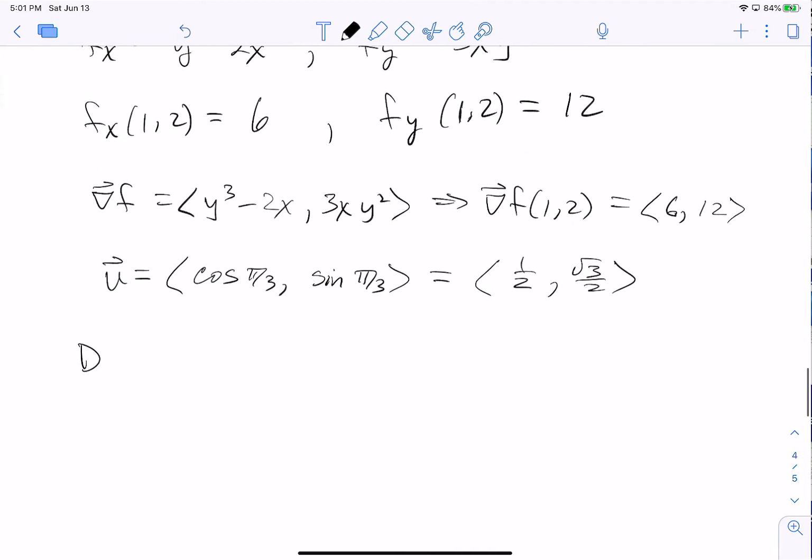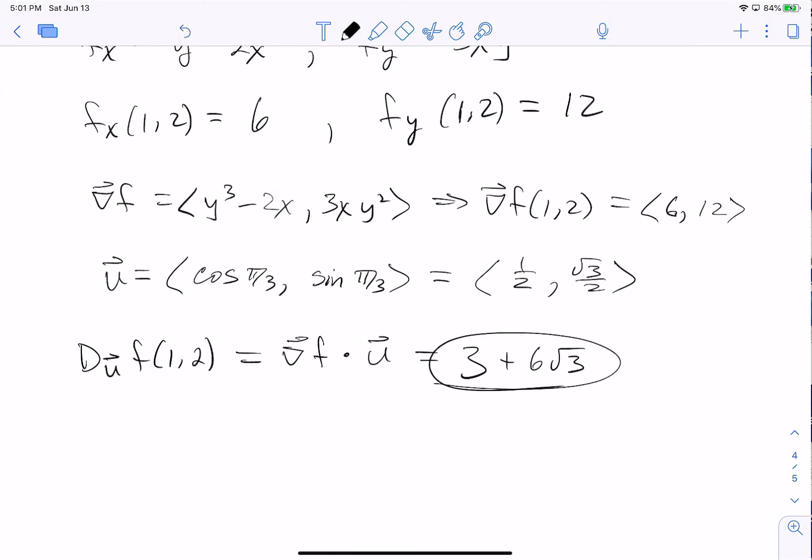Expressing the directional derivative of f in the direction of u at (1, 2), I know that's kind of a lot, we get that this is del f dot u, and in this case we have 6 times 1/2, which is 3, plus 12 times square root of 3 over 2, so that's 3 plus 6 times the square root of 3.